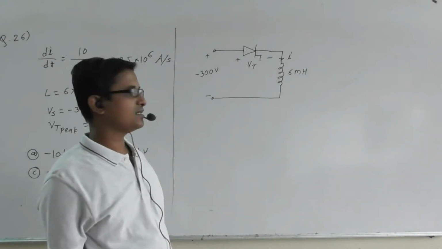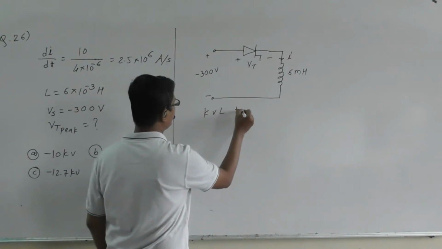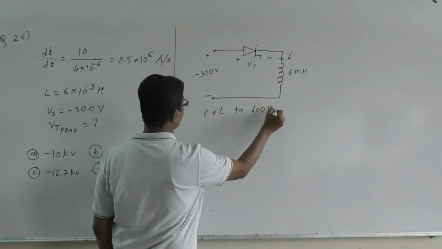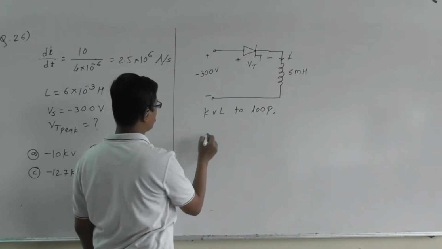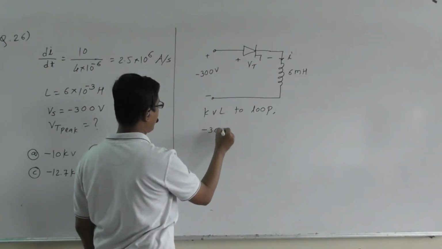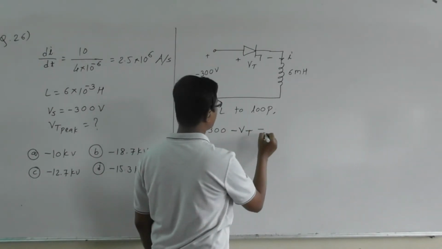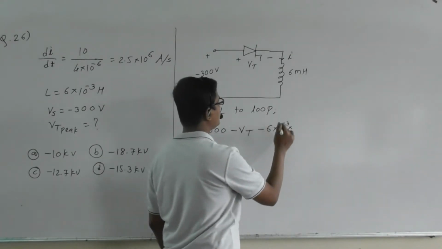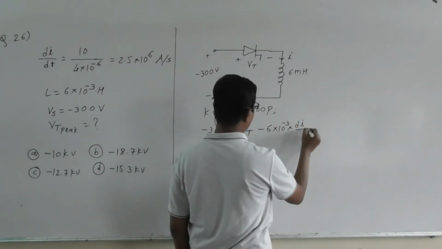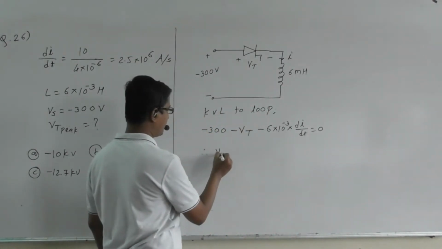Okay, so it is minus 300. Now, can we apply KVL? Yes, KVL to the loop. It is plus to minus, so it is plus of minus 300, right? Minus VT minus 6 into 10 to the power minus 3, that is L into di by dt, right? So from this can we find VT?